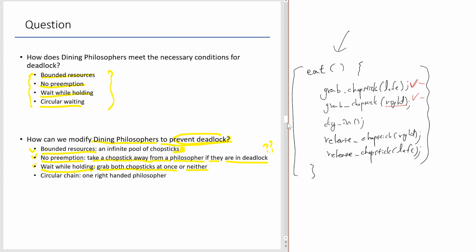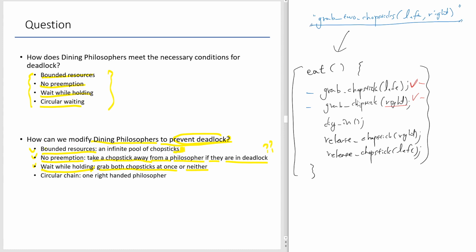So the solution here amounts to, instead of these two grab chopstick operations, coming up with an atomic function called grab two chopsticks at the same time. So it should be atomic. You need to come up with this kind of interface.